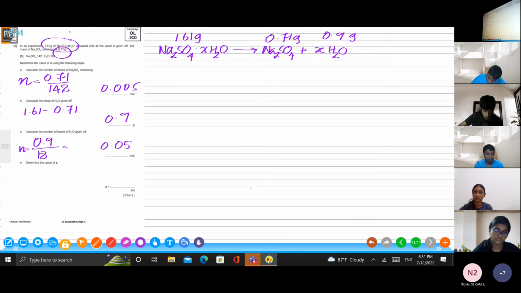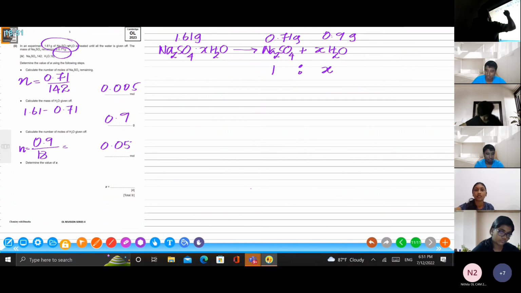And determine X. How do you determine X? What is the theory of determining X? Stoichiometry, very good. Right? You have to apply stoichiometry, very simple. The stoichiometry between sodium sulfate and water is 1:x. And moles of sodium sulfate here is 0.005.